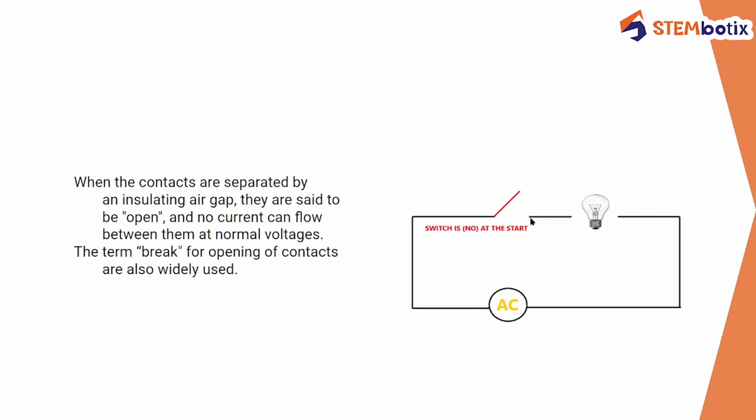So now this is the third part of our today's lecture, which is the different types of switches. In this we will see the different types of switches. So generally the switches can be divided into two types, which are electrical switches and the other is mechanical switches.